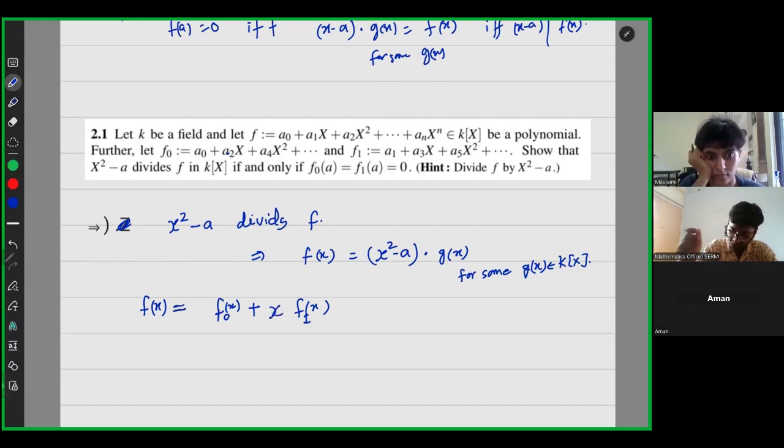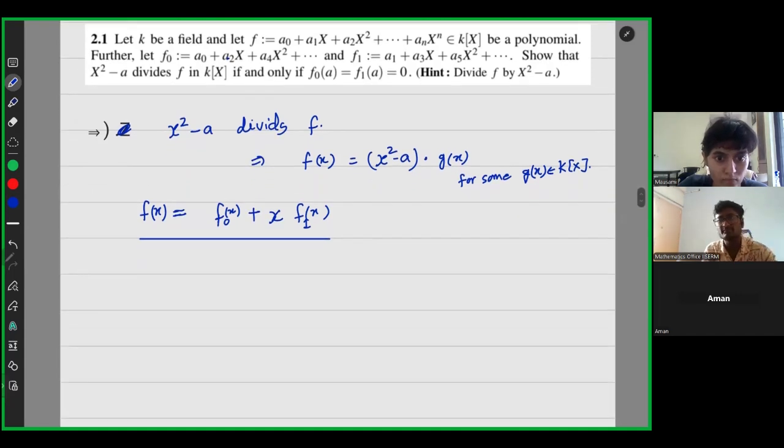Are these two equal? Now we'll check for higher degree terms. What about, for example, A3? A3 is coming from f1. Do you think taking derivatives would help? First of all, we check if this is correct or not. Then we can go to derivatives.